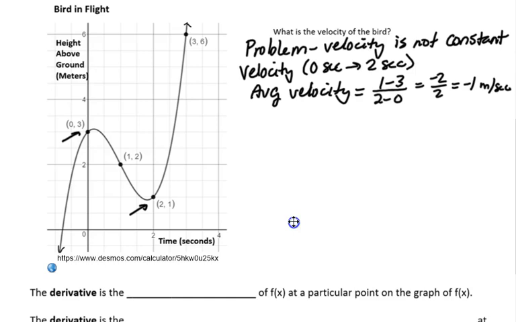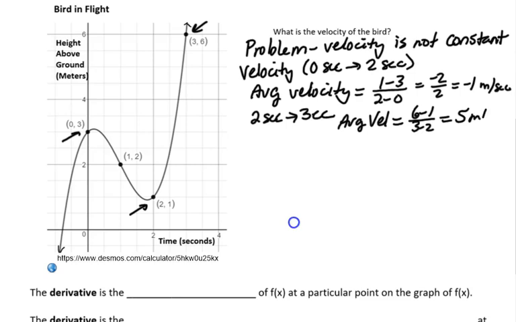Now, if I'm looking from 2 seconds to 3 seconds, so then I'd be looking at the 2, 1 and the 3, 6, I could say the average velocity is equal to 6 minus 1 over 3 minus 2, which would be 5 meters per second.